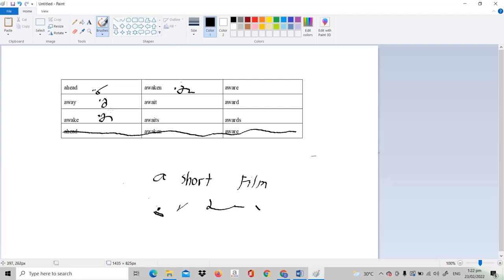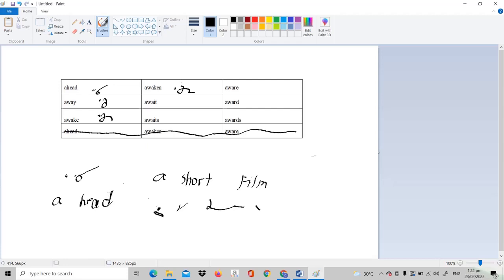Huwag ninyong masyadong ilayo kasi baka mamaya tulad ng ahead, magiging instead of ahead as one word, magiging a head. Magiging a head na yan. A head. That's a different word. Okay? Ano nangyayari sa ating pen? Ayan, magiging a head.